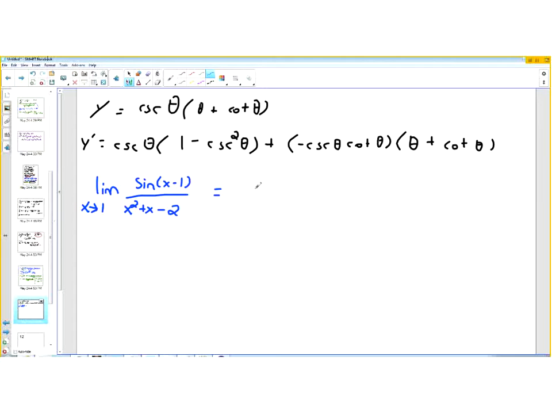So I really don't want to have to expand the sine of a difference of terms. But what we can do is factor the denominator and get some hints into the solution of this problem. So if we factor the denominator, we'll have x plus 2 times x minus 1.